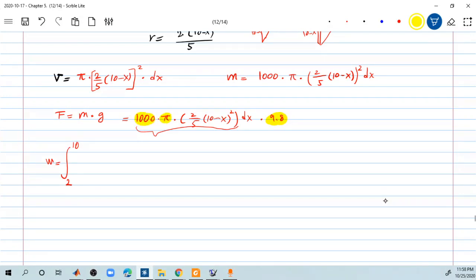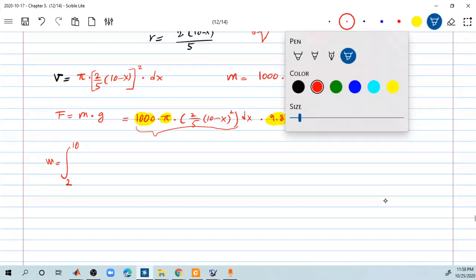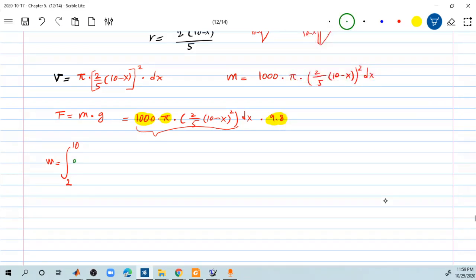I can write this as 9800 pi times (2/5)(10 minus x) squared dx. Sorry, the square is outside.